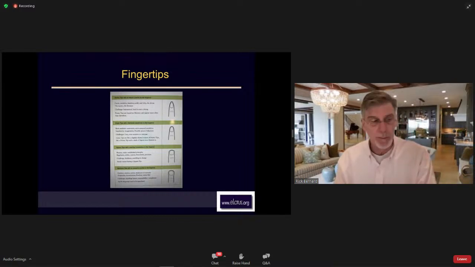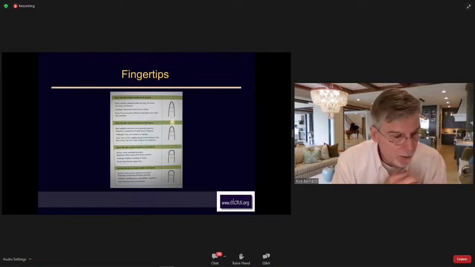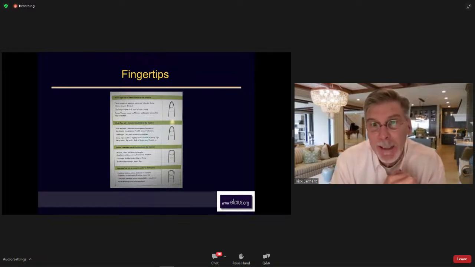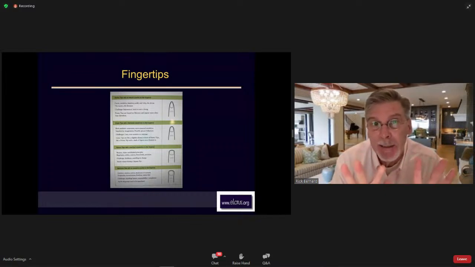There's 4 basic types of fingertips. At the top is the pointed type. Pointy types are artistic, poetic, dreamers, idealists. They want to make the world a better place. So if you see tips like that, that's kind of what a person is about.